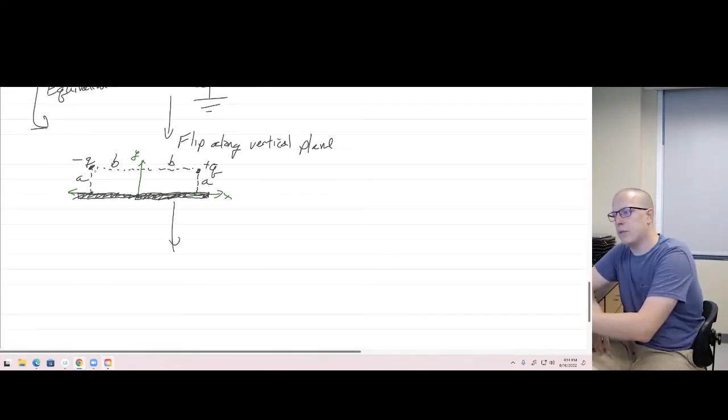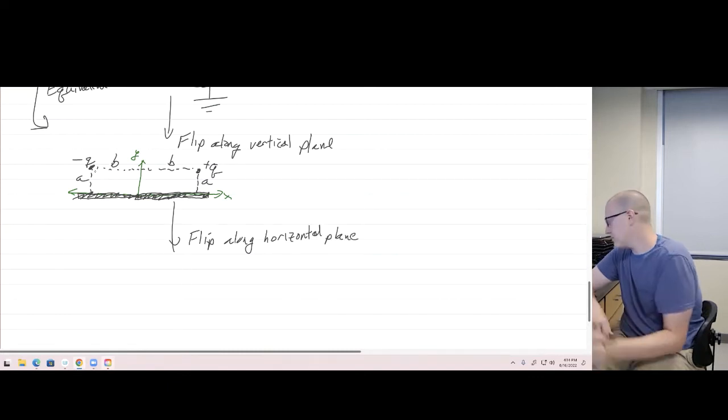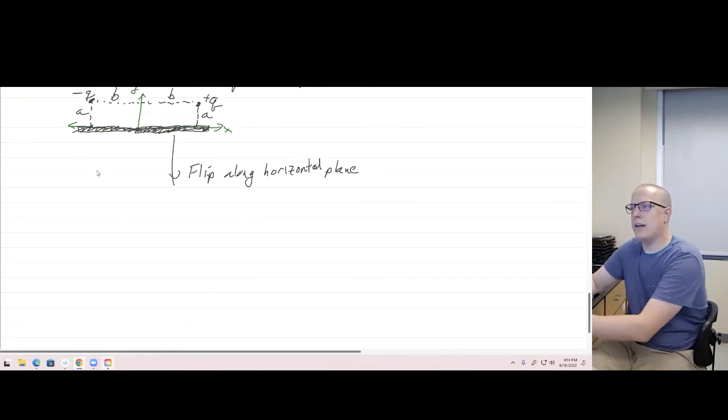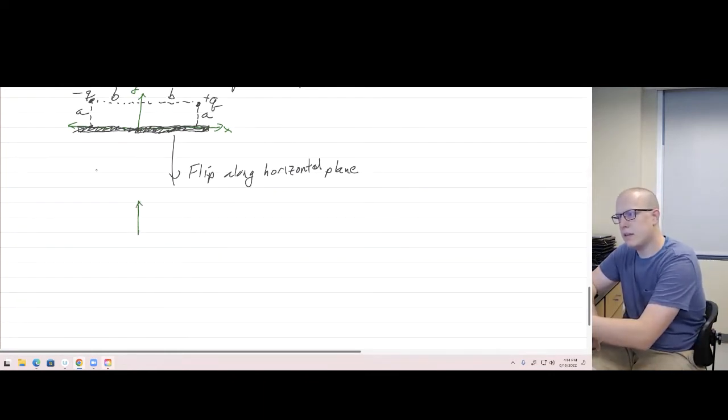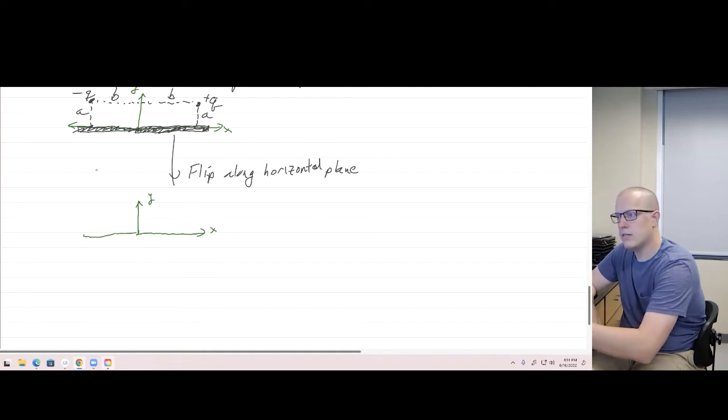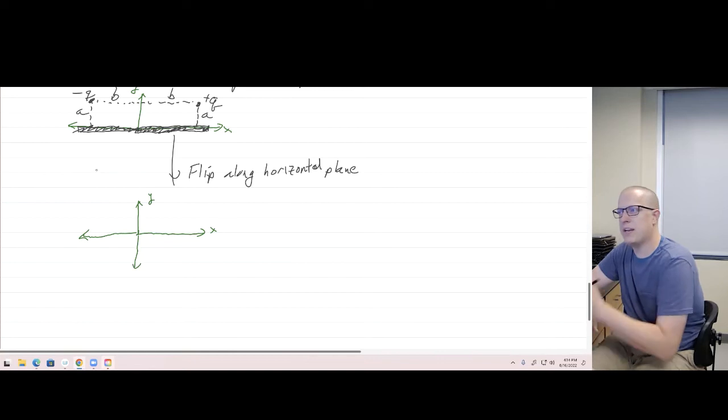And now we're going to flip along the horizontal plane. Right? And so now I have, again, another set of axes. But now I'm going to have to flip in the other direction.